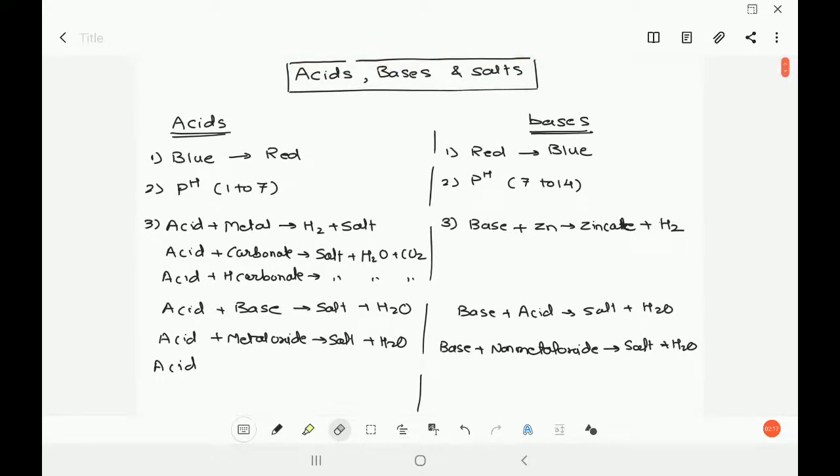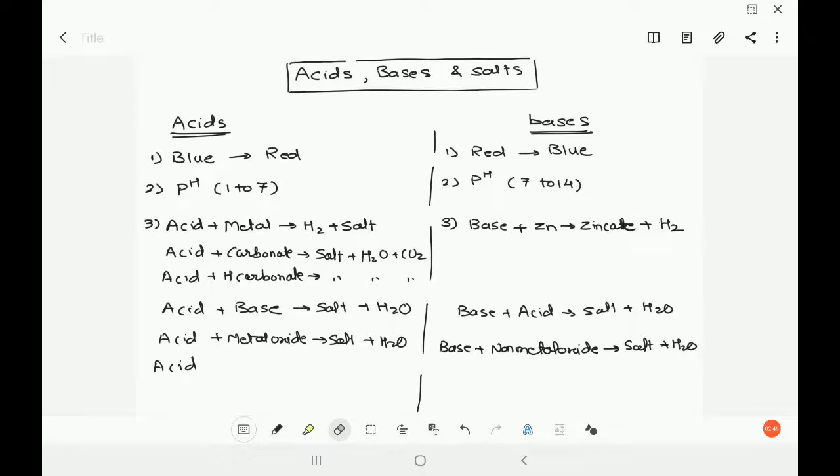Out of acids and bases, acids are more reactive, but don't consider that as dangerous. Let me tell you, acids and bases are equally dangerous when it comes to concentrated acids and bases. I have seen many people saying that acid is more dangerous because we hear so many news stories about acids, but let me tell you, bases are also, rather I can say, more dangerous than acids.